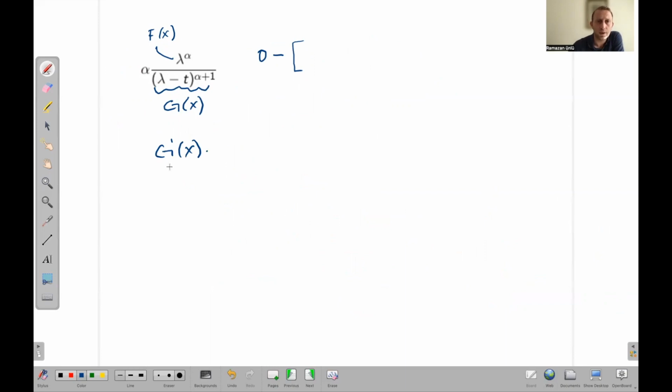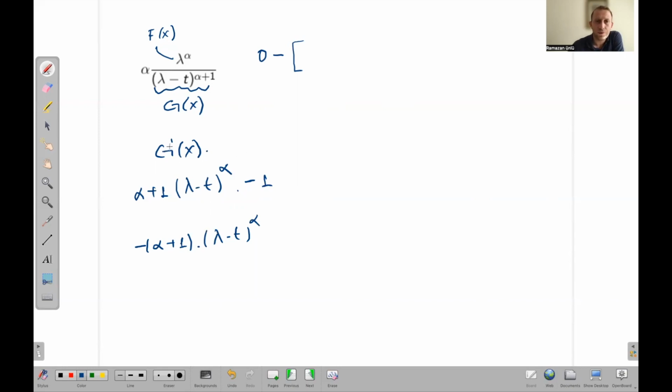First, take the whole derivative, which will be alpha plus 1 times lambda minus t to the alpha times the derivative of the inside, which is minus 1, right? So this guy will be minus alpha plus 1 times lambda minus t to the alpha.